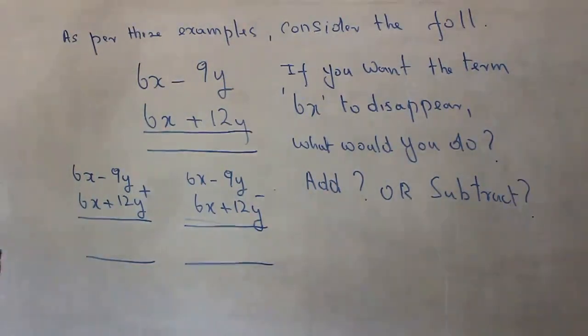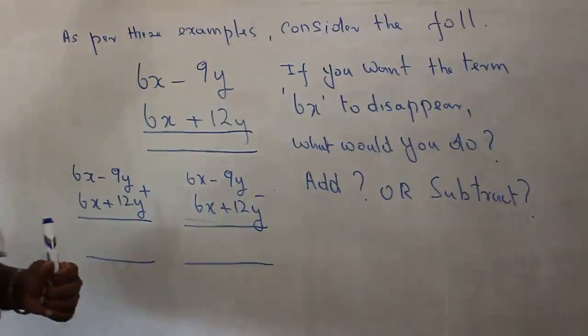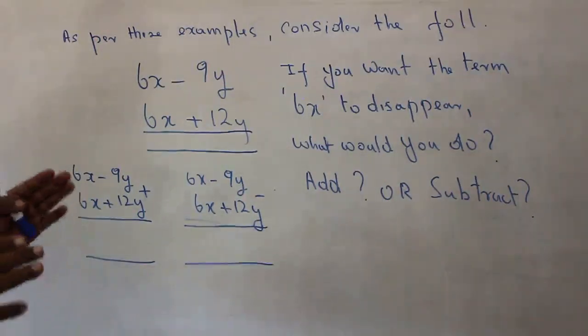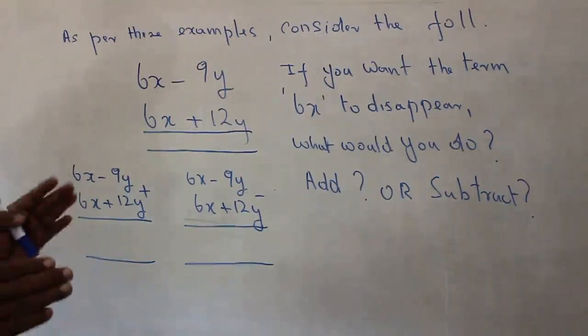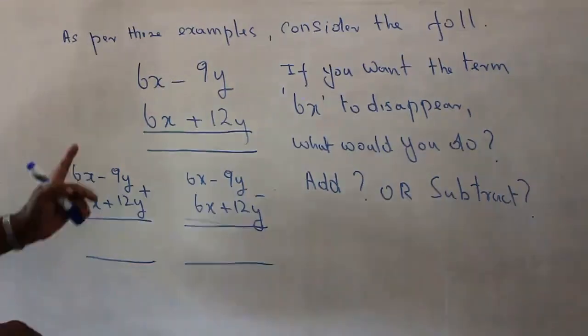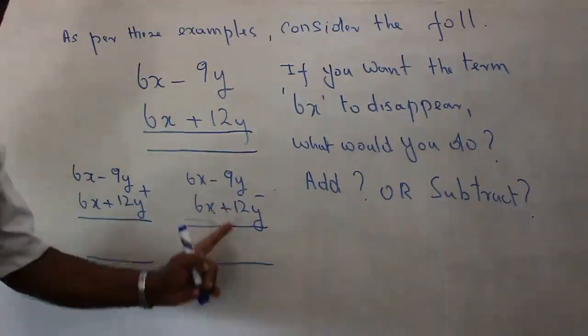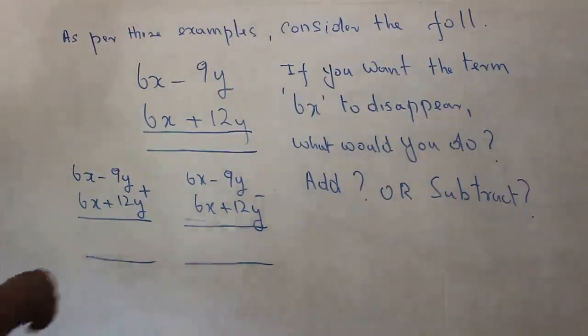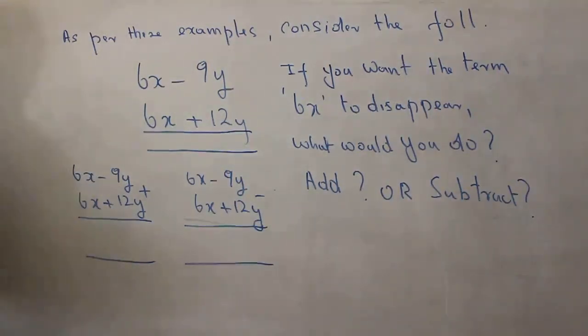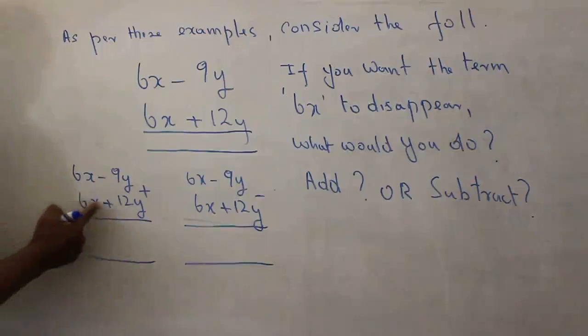Now at this stage, you might not be able to decide whether to add or subtract. Therefore, what I suggest is, to find out what works, you can add and you can subtract, and then you will see what works for you. Okay, this is the addition. So you know when you are adding, the bottom line will not change sign.